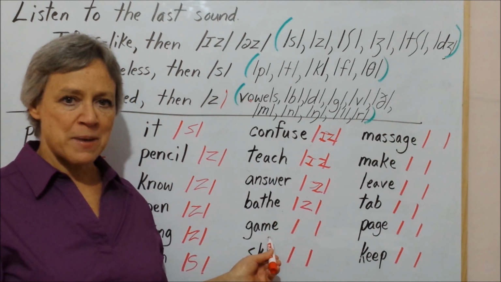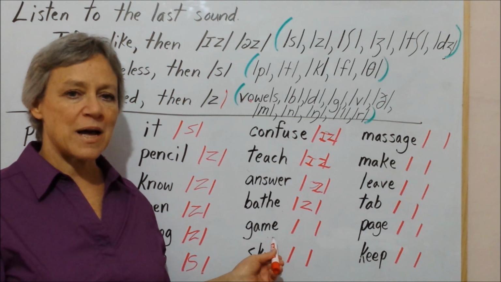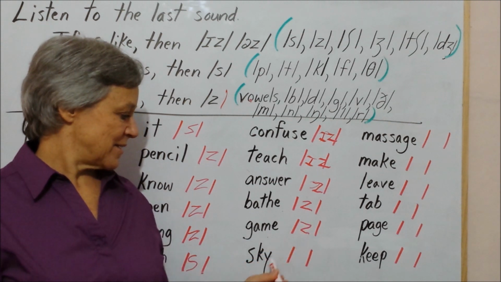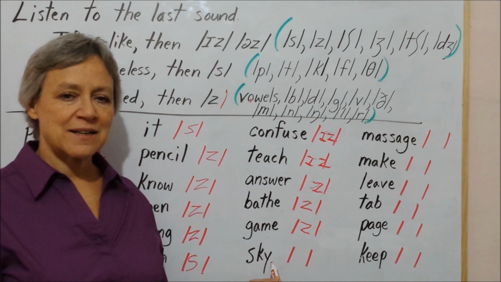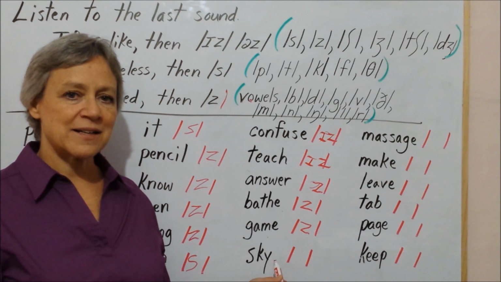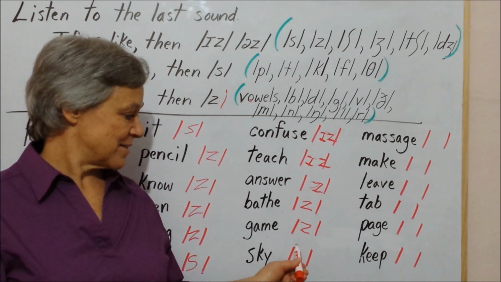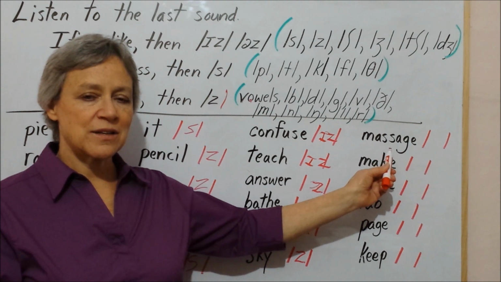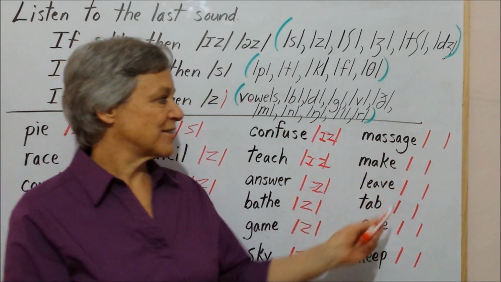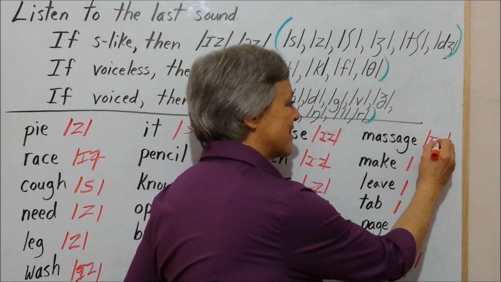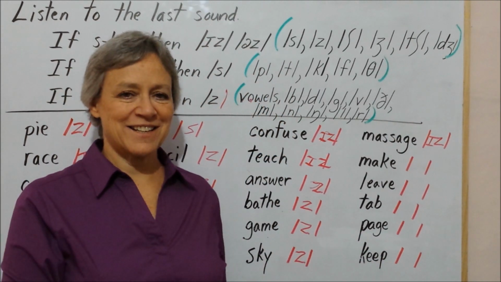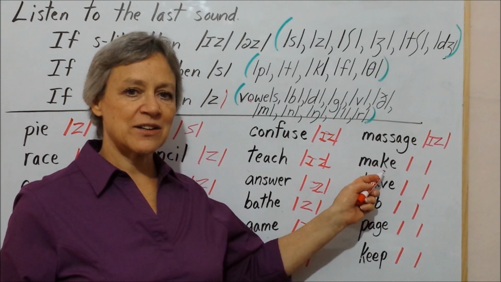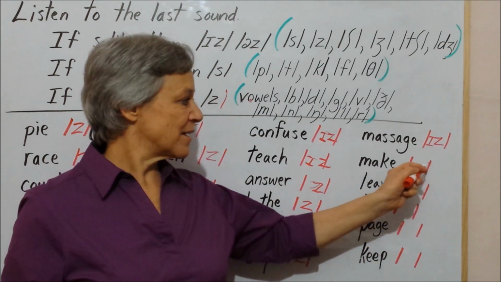This is game. The last sound is m. Games. This is sky. The last sound is I. Skies. This is massage. The last sound is zh. Massages. This is make. The last sound is k. Makes.